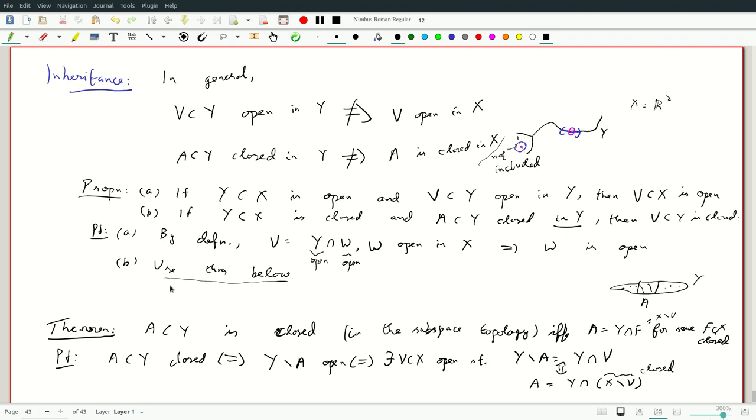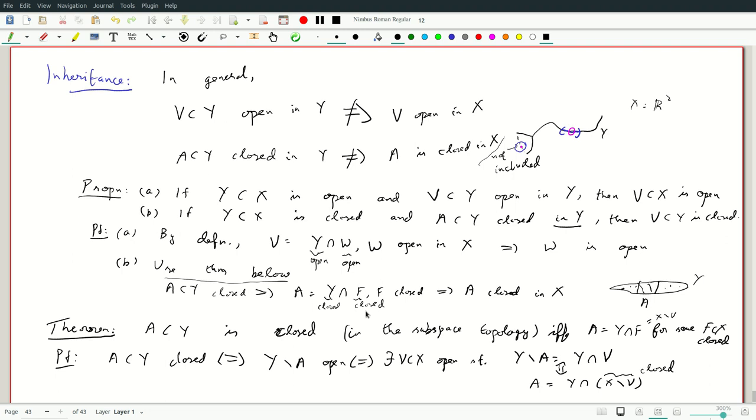A contained in Y is closed implies A equals Y intersection F, F closed, which implies of course A closed in X, because now this is an intersection of two closed sets. This is closed and this is closed.